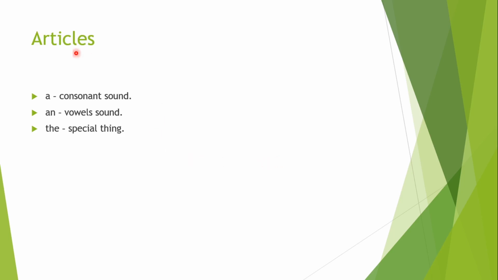Now see the articles. Articles you all know, a and the. There are 26 alphabets, out of which 5 are vowels, A, E, I, O, U. With vowels we will use "an", and the rest of the 21 are consonants. With consonants we use "a", and if anything is special, which we have to mention or give the stress, then we will use "the".